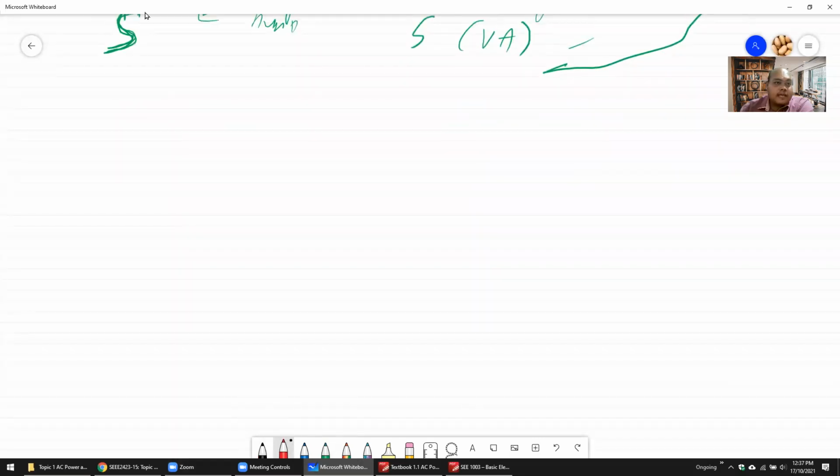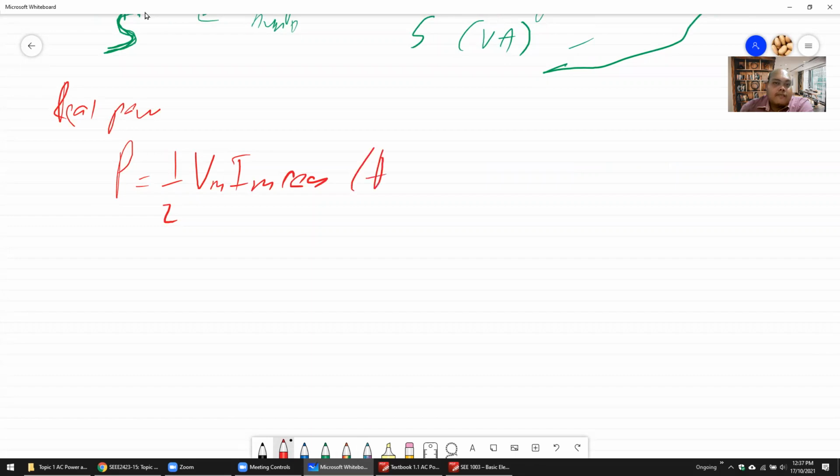If you remember, the average power or real power, P, is equal to 1/2 Vm Im cos(theta V minus theta I). Make sure theta V comes first. The unit is watt. Now we move on to reactive power.